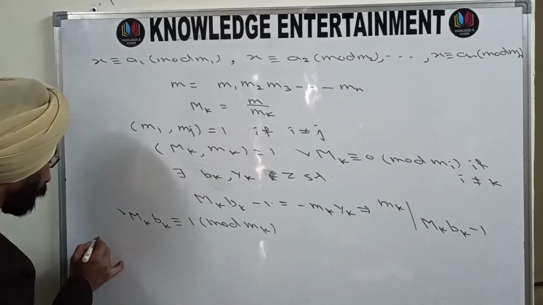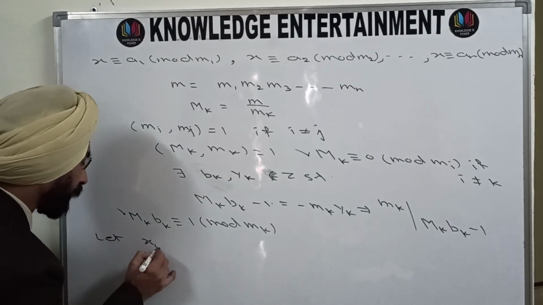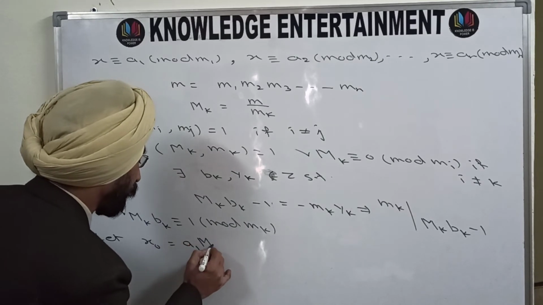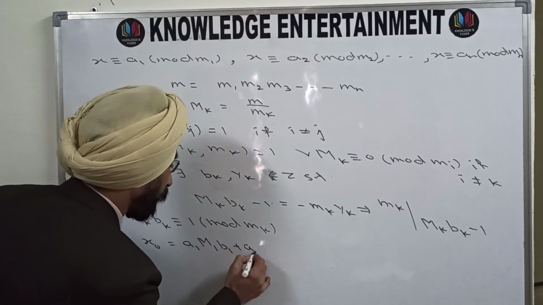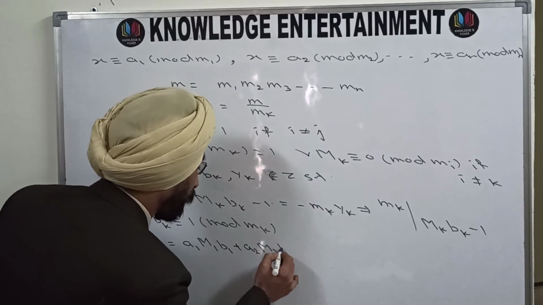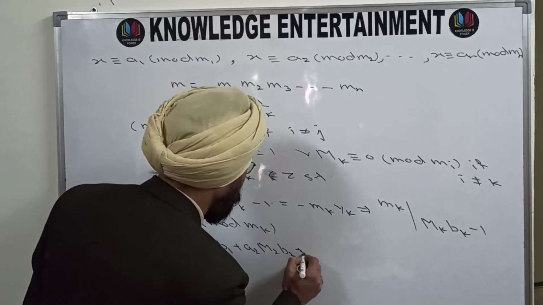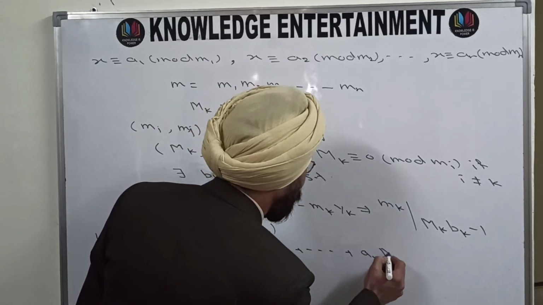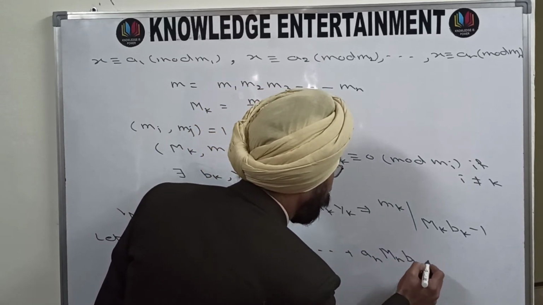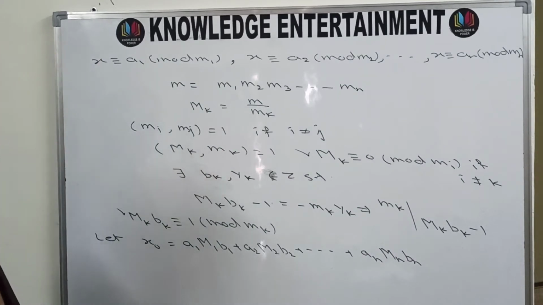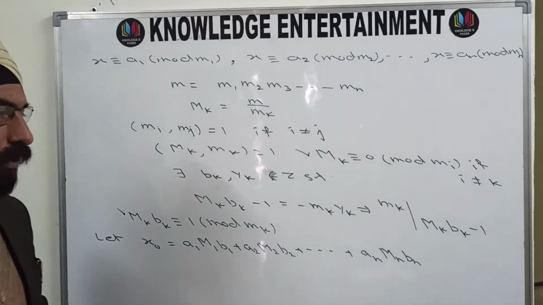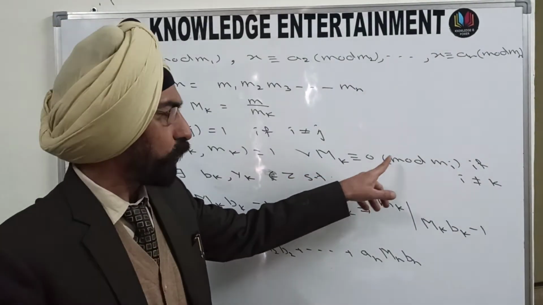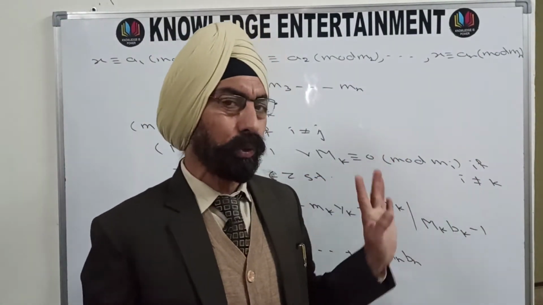Now define x naught to be an integer equal to a1 capital M1 b1 plus a2 capital M2 b2 and so on, plus an capital Mn bn. If you consider this equation, you know that capital Mk is congruent to 0 modulo mi if i is not equal to k.